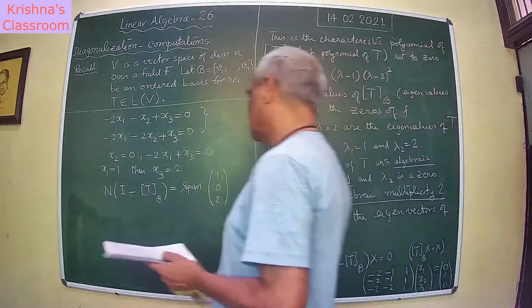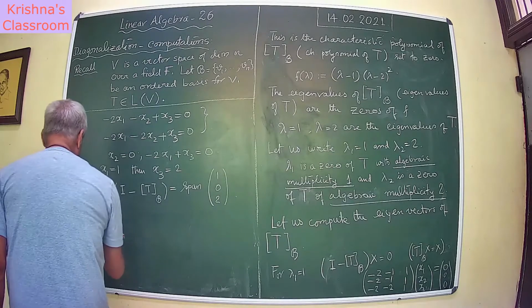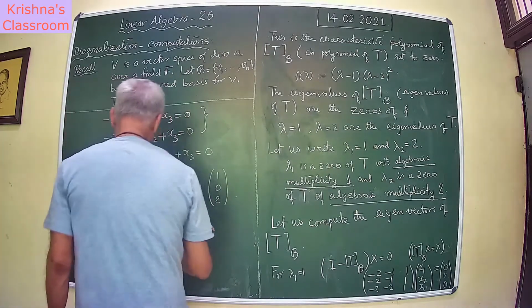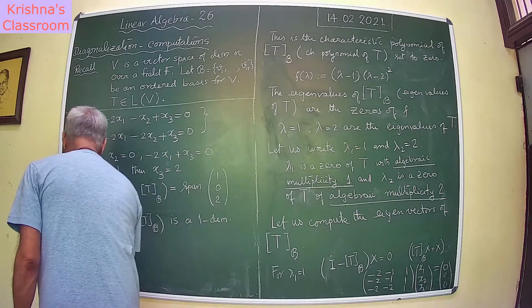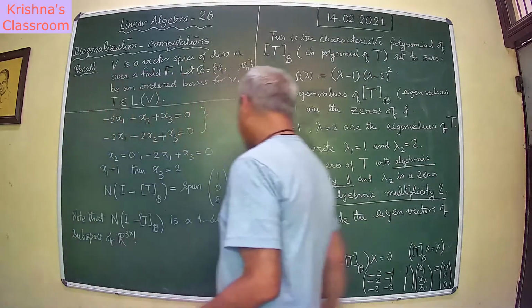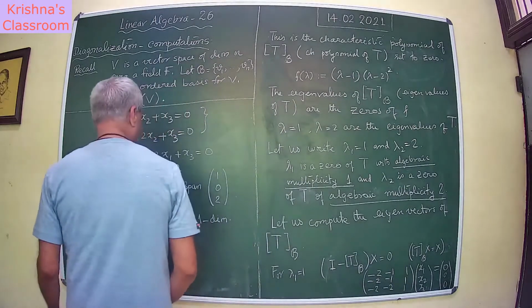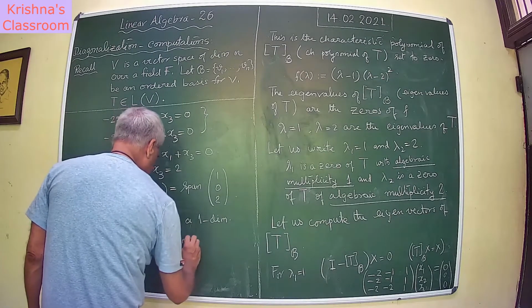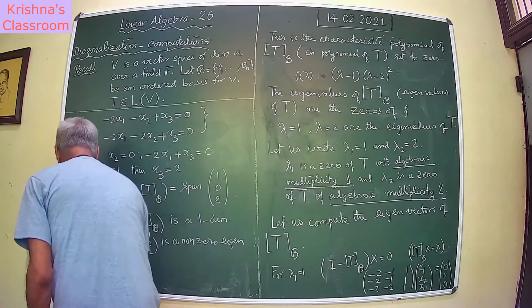That is why this is a vector space, a subspace of F3. That is expected because it's an eigenvalue, so this is an eigenvector. In fact, any scalar multiple of that is an eigenvector.